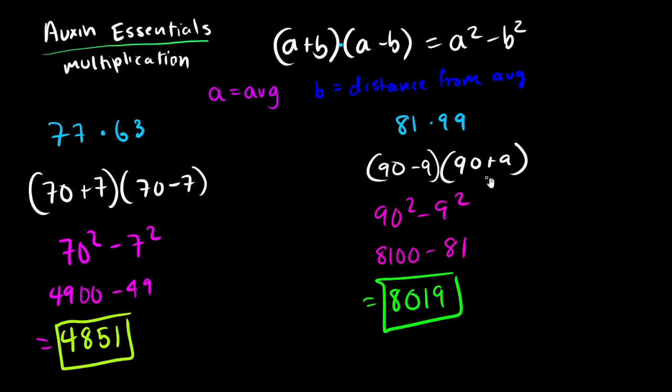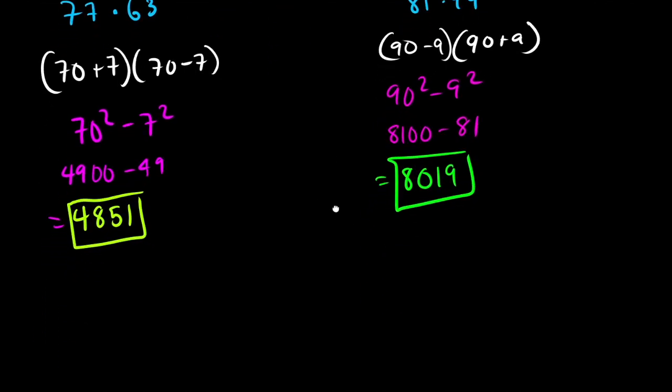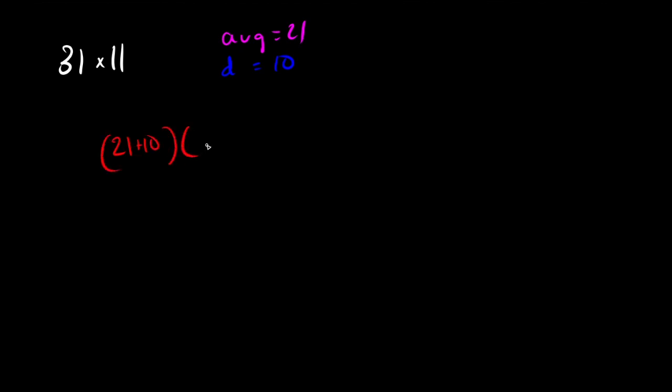But the thing is, this trick doesn't have to only apply to numbers whose average is a multiple of 10, but really with any number that you're comfortable with squaring. Let's take a look at 31 times 11. The average of these two numbers is 21, and the distance between the average and one of these numbers, the d, we'll just say, is 10, which means that if we put this into an equation, we can get 21 plus 10, or 31 in this case, times 21 minus 10, or also can be simplified to 11, is nothing but 21 squared minus 10 squared.